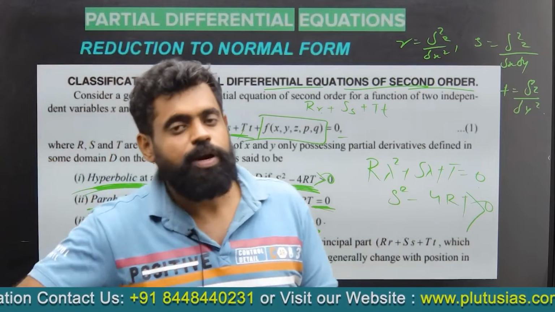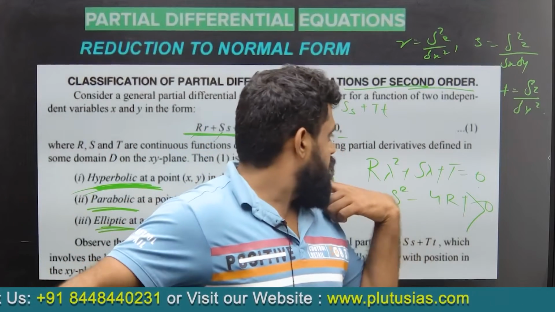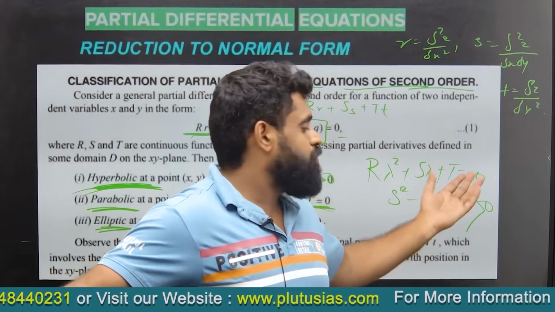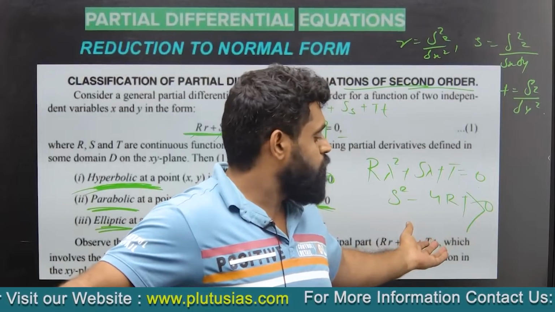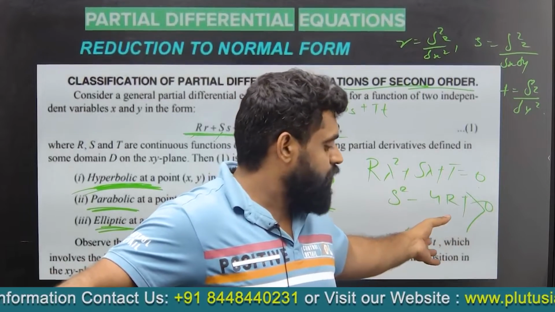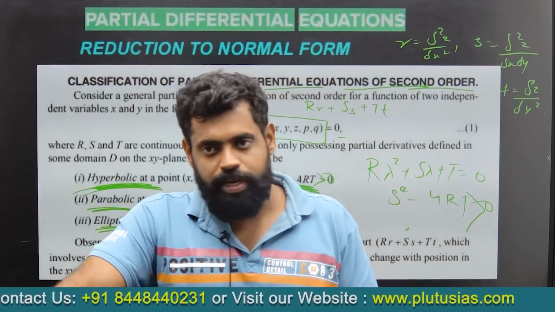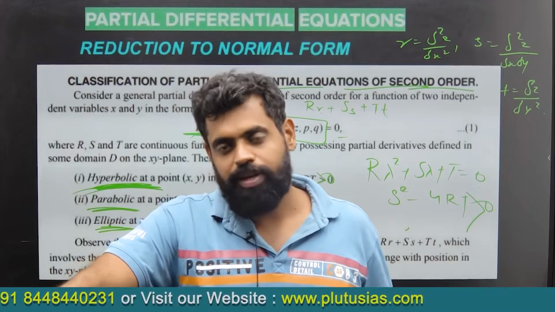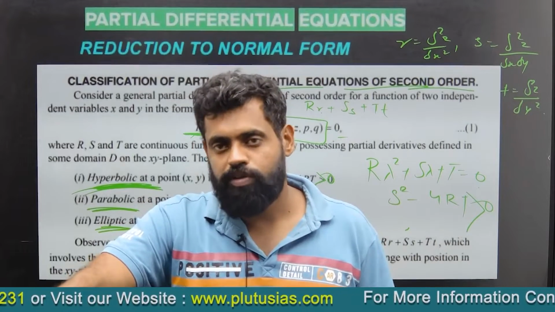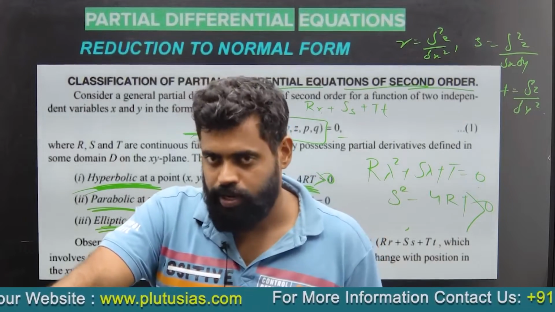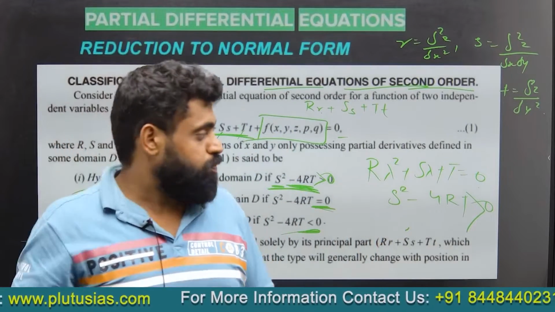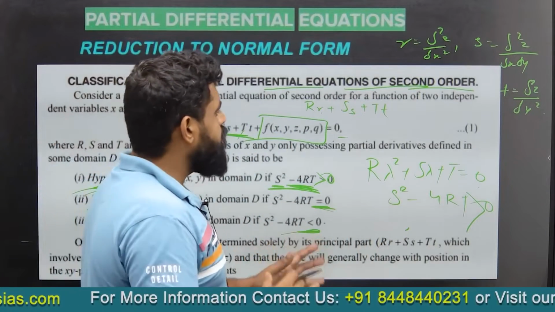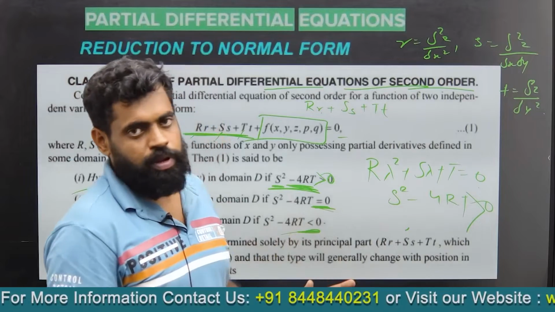So the discriminant of the equation rλ² + sλ + t = 0, if it is greater than 0 then it is hyperbolic in nature, if it is less than 0 it is elliptic in nature, and if it is equal to 0 it is parabolic in nature, okay. So you only need to know this much for now, okay.